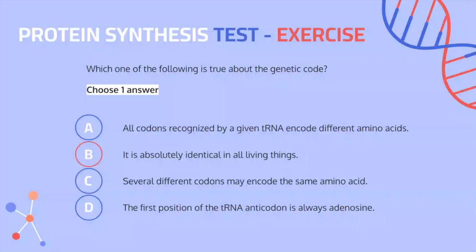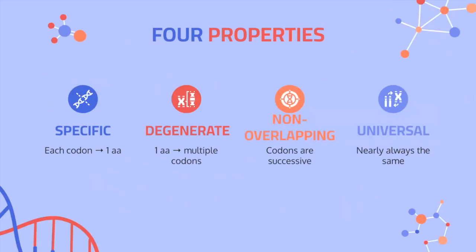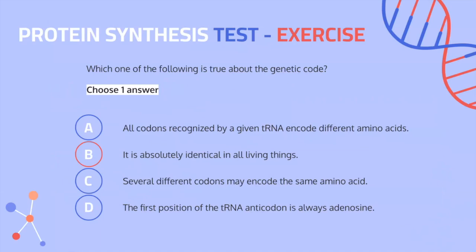So, option C, several different codons may encode the same amino acid. Is this correct? Yes, it is correct. This is what I've mentioned about the degenerate nature of the genetic code. Now, the first position of the tRNA anticodon is always adenosine. Is this correct? No. Why?